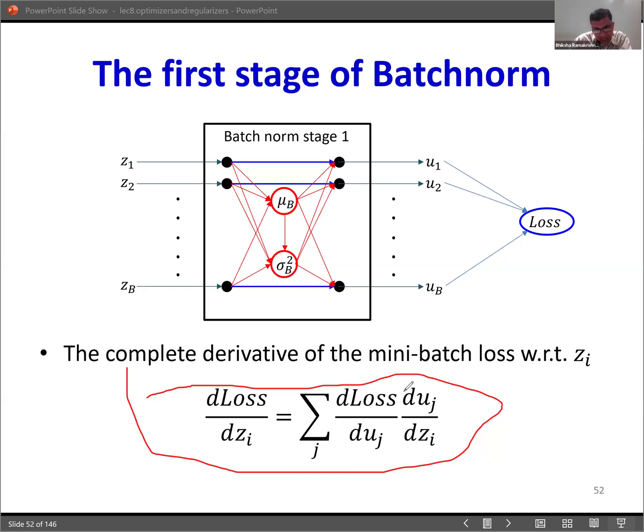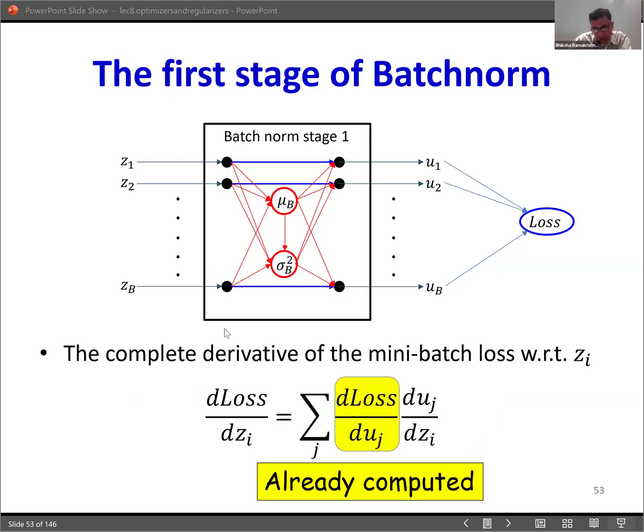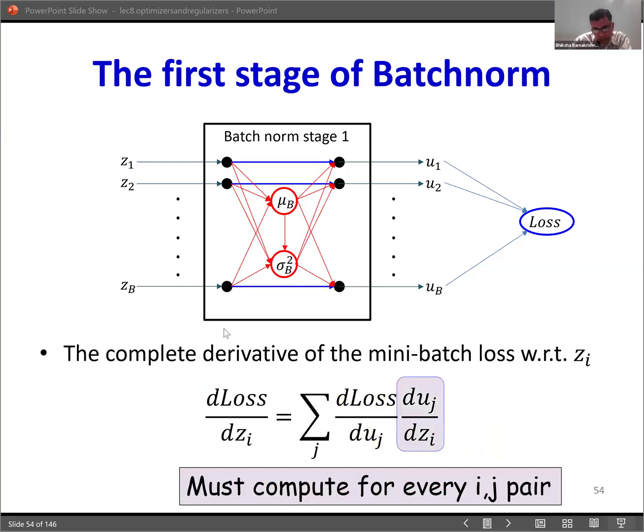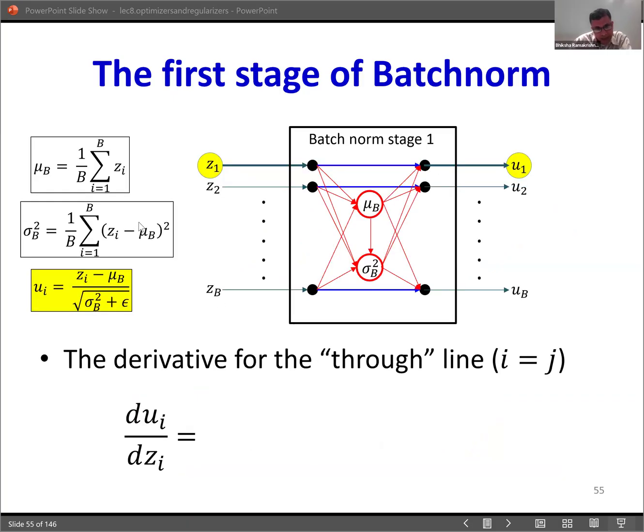So the challenge is, how do we compute these guys? It looks very ugly, but it's not. The derivative of the loss with respect to u is already computed. We must compute the derivative of every u with respect to every z. Here is the entire influence graph.